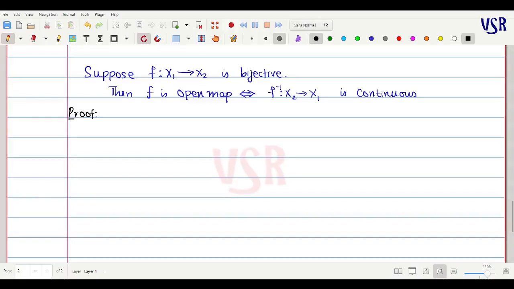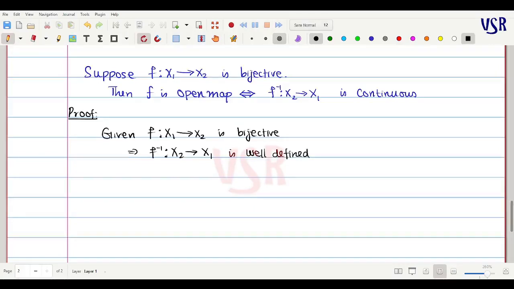Okay, so given f is bijective, f is a function from X1 to X2, which is bijective. So this implies that f inverse is a function from X2 to X1 and is well defined.